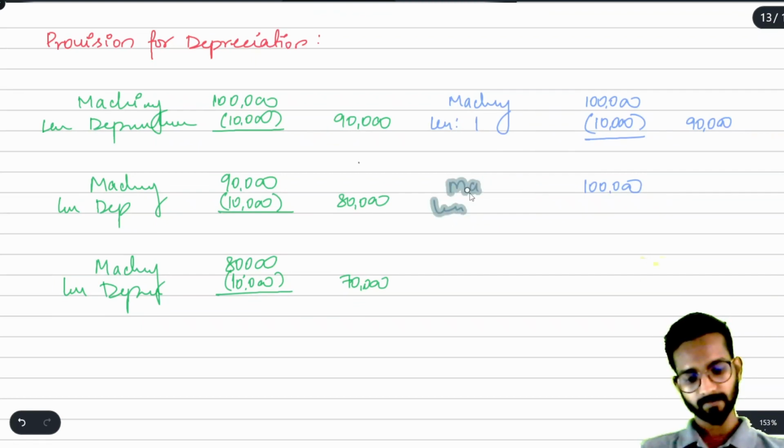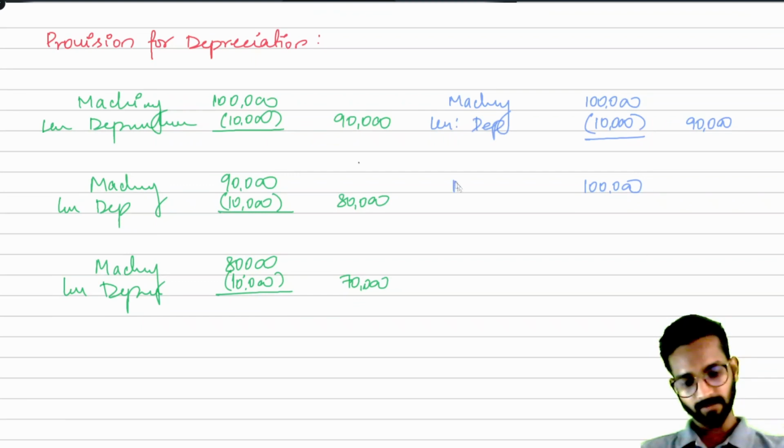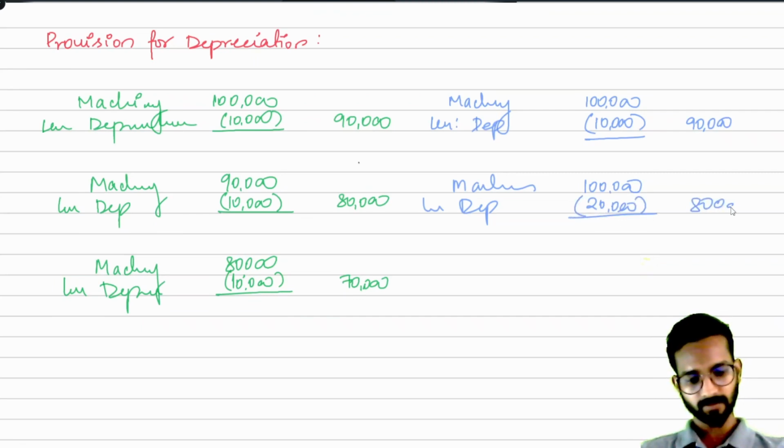See, depreciation, then again machinery account less depreciation. So depreciation till date is 20,000 less 80,000. Then again machinery account 1 lakh rupees less depreciation, that is 30,000 rupees, that will represent 70,000.